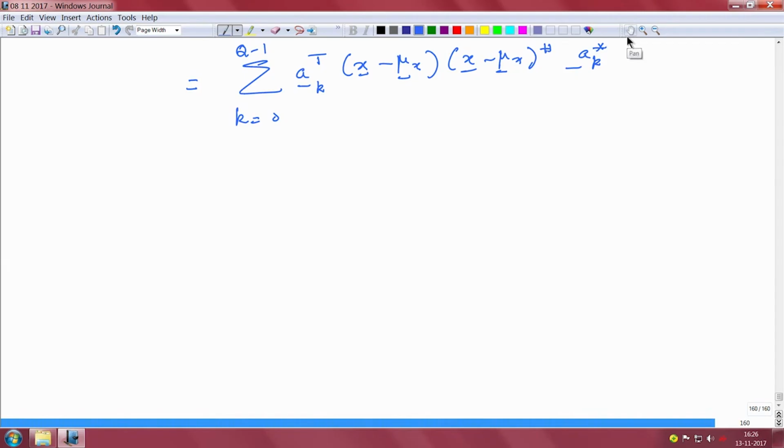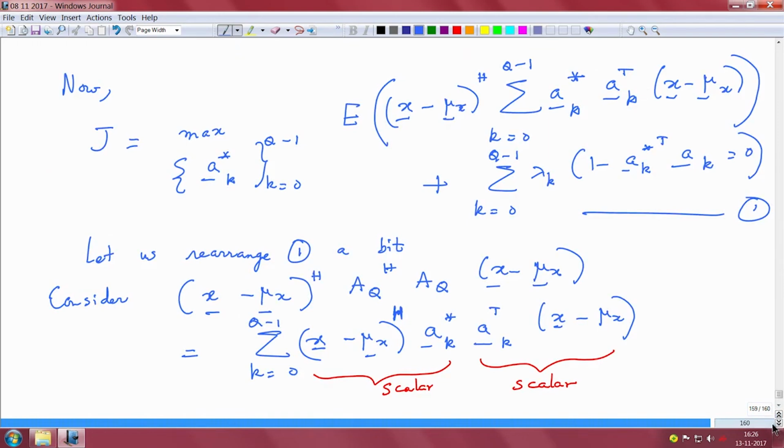So routine algebra will not help you. Somewhere you should pause a little bit and think, what if you can simplify this further. This simplification will help us. Earlier this was equation 1, let us call this equation 2.